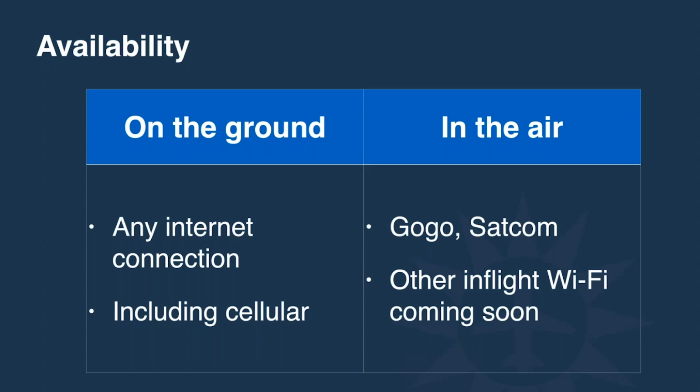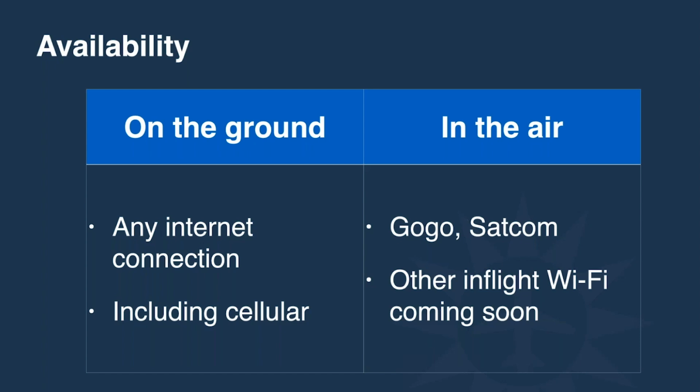But in the air, again, we know that cellular connections are sort of hard to come by once you get above 5,000 or 6,000 feet, depending on where you are in the world. So we will automatically disable the traffic layer unless you are connected to an ADS-B receiver, FLARM receiver, et cetera. Or if you're connected to a source of in-flight Wi-Fi, we'll allow you to reselect the traffic layer and show you internet traffic.